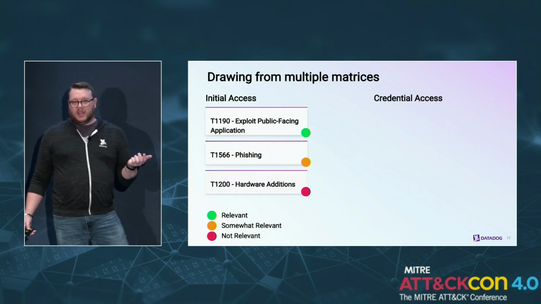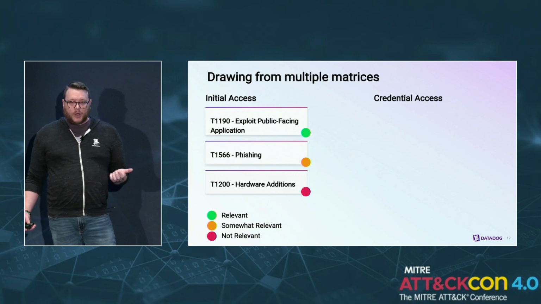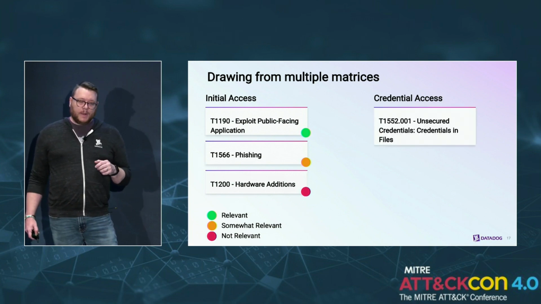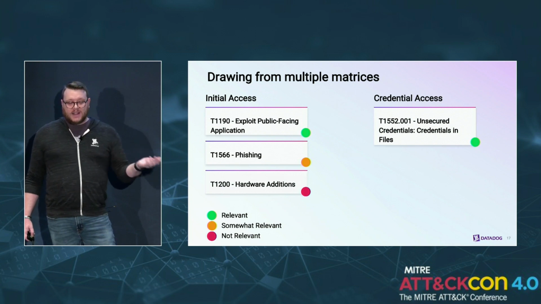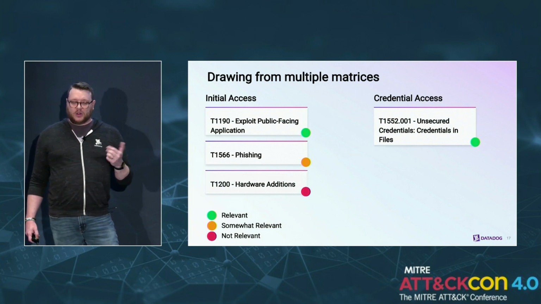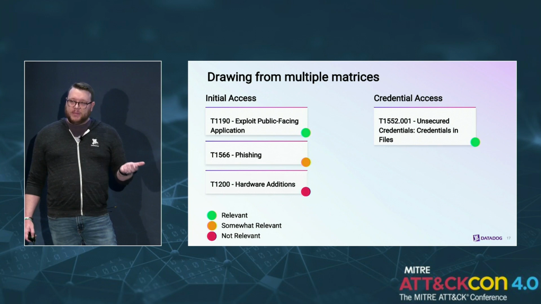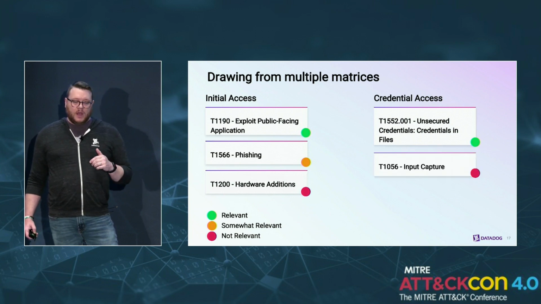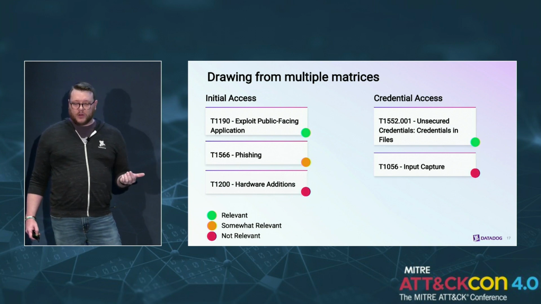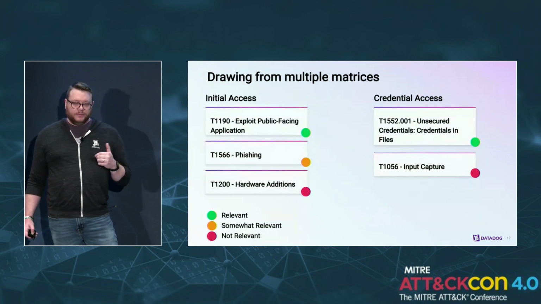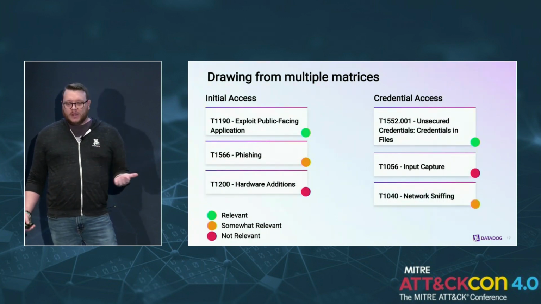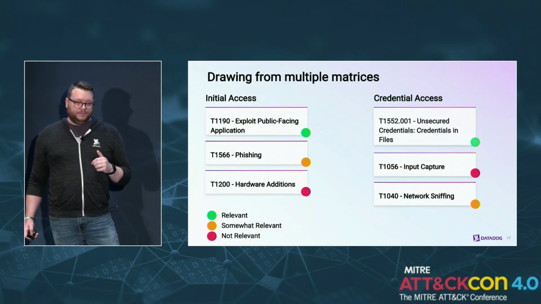Hardware additions, again, the cloud responsibility model, probably physically not going to be able to access the hardware to make any additions. From a credential access standpoint, we see maybe credentials in files, but there may be better opportunities out there. Input capture, because of the highly automated nature of cloud native workloads, is probably going to be out of scope. And finally, network sniffing could be relevant, but it's a very challenging thing to pull off within a cloud native environment.